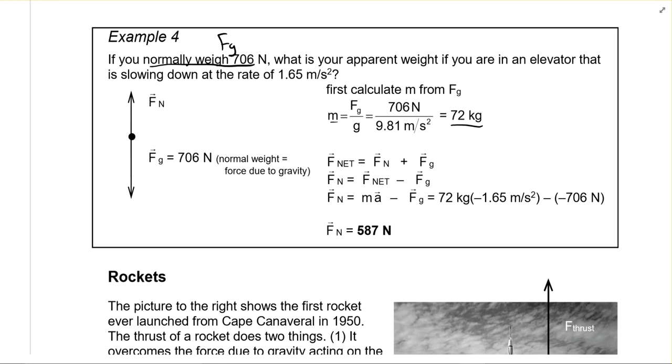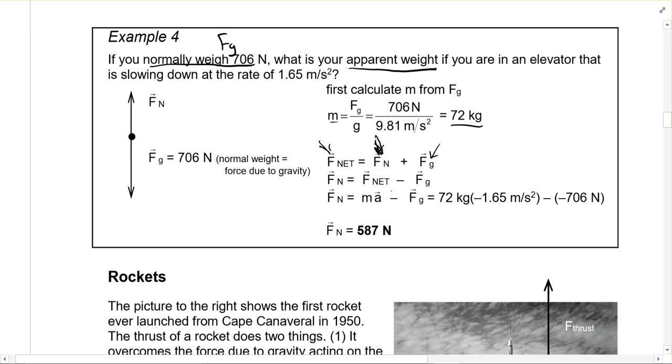Now, we know that F net is equal to Fn plus Fg. And when it says, what is your apparent weight? That's asking for Fn, because your apparent weight is the normal force pushing back on you. So really all we're doing here is solving for Fn.